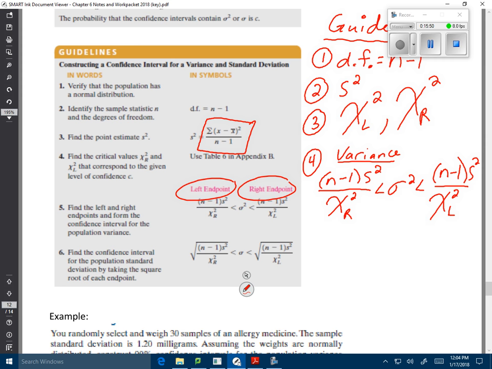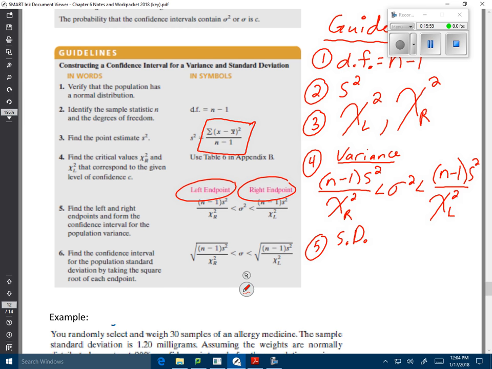Standard deviation. All it is, is the square root of whatever the variance is. If you want to write this all out again, you can, but you don't have to.